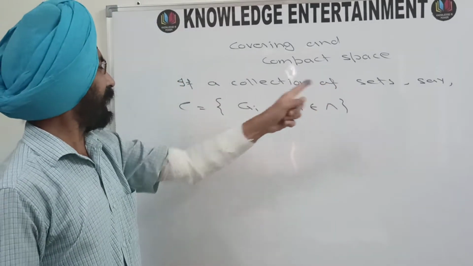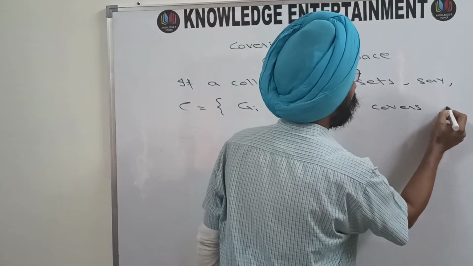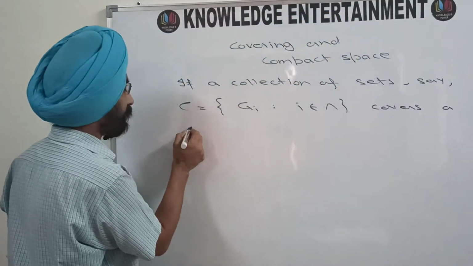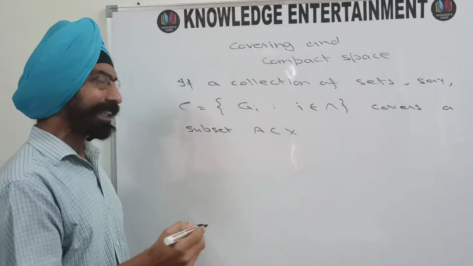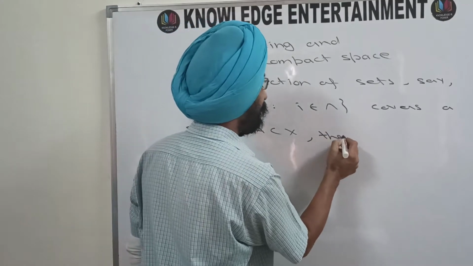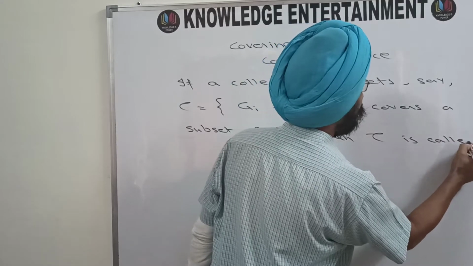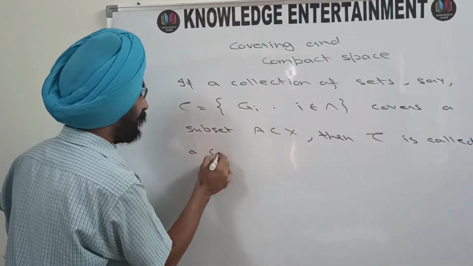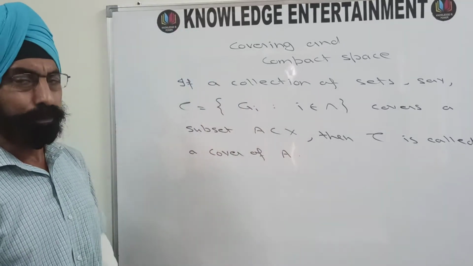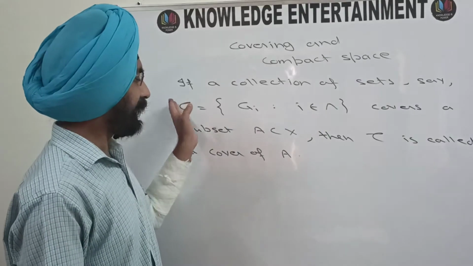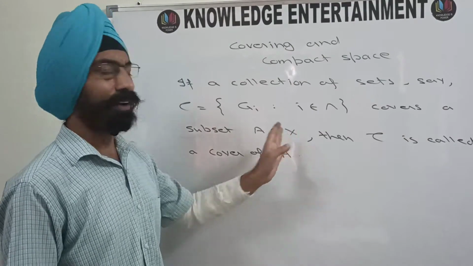So if a collection of sets, say C, covers a subset A of a topological space X, then this collection C is called a cover of A.